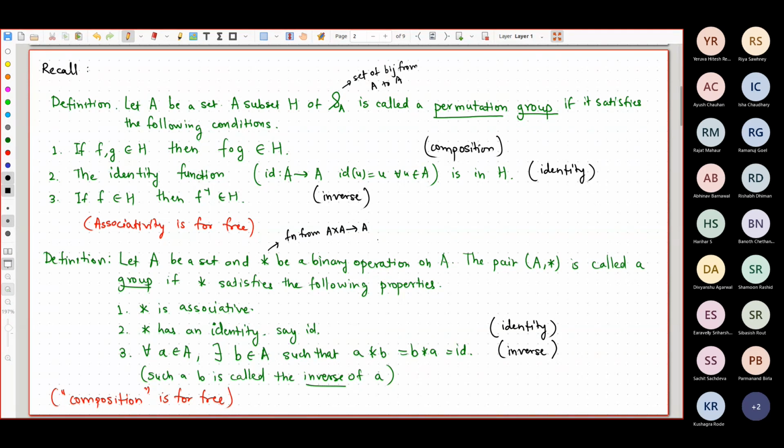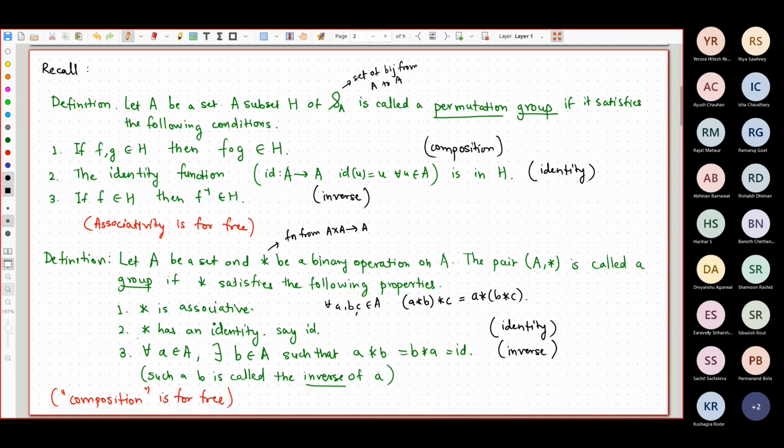Then if this star is a binary operation, we call (A, star) a group if the binary operation satisfies the following properties. Firstly, star should be associative, which means for all a, b, c in A, we want (a star b) star c equal to a star (b star c).